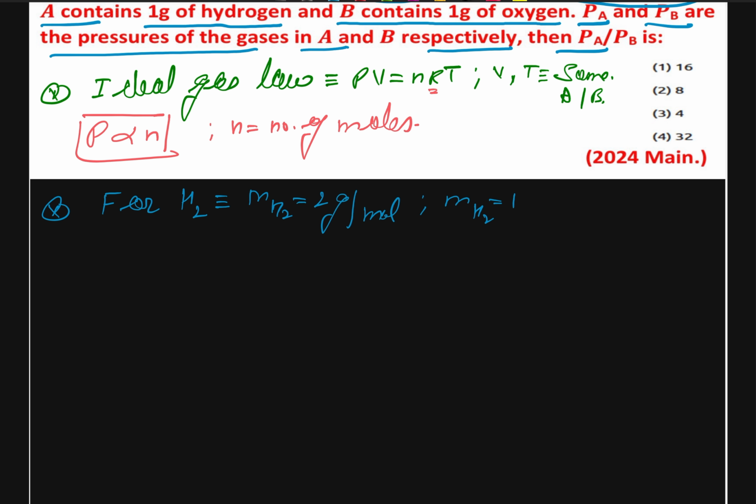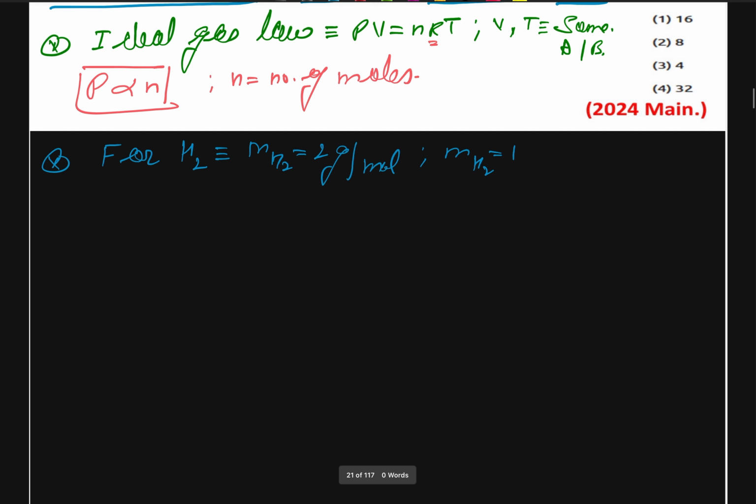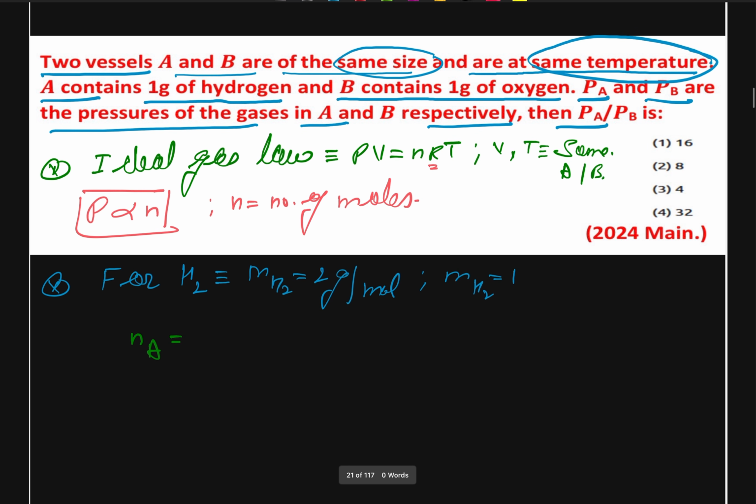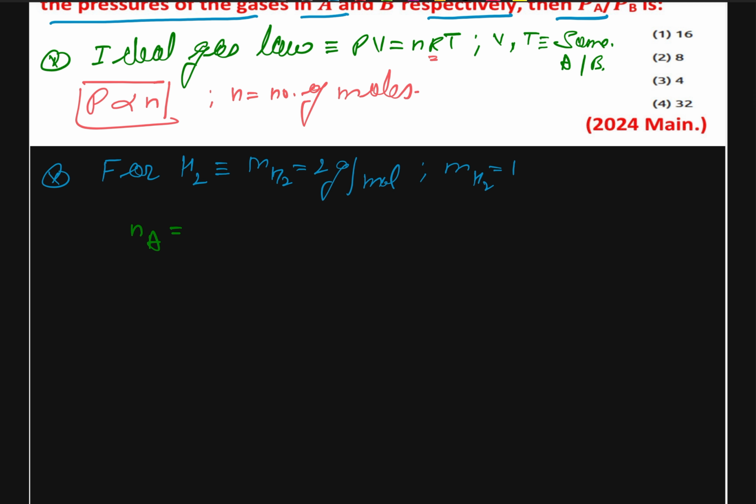Therefore, the number of moles in A, because the hydrogen is in vessel A, will be equal to its actual mass which is given divided by the molar mass. So this comes as 1 by 2, which will be 0.5 moles.